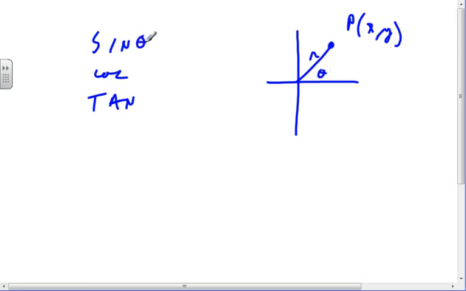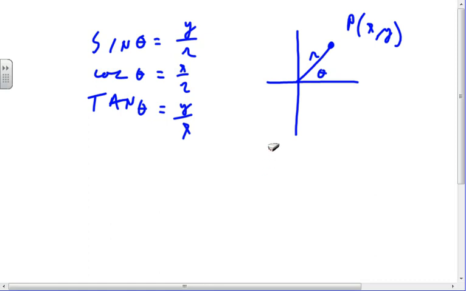The sine of theta is y over r. The cosine of the angle theta is x over r. And the tangent of theta is y over x. The secant, cosecant and cotangent are all in your book, so there shouldn't be any question about what they are. And that's an r on the bottom.